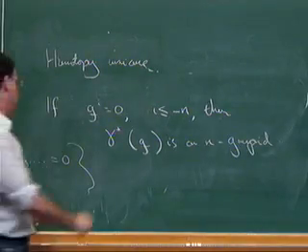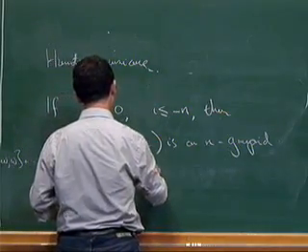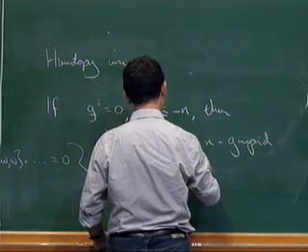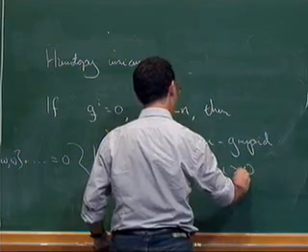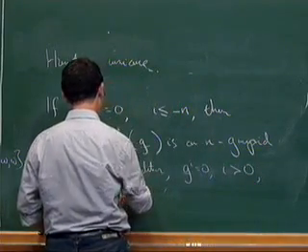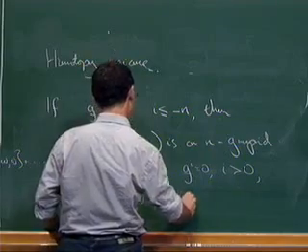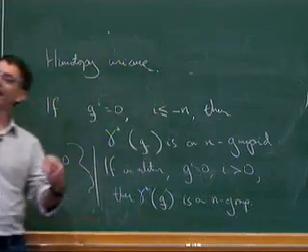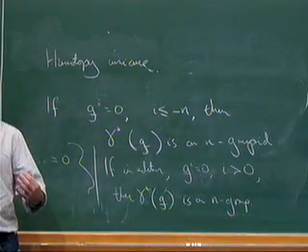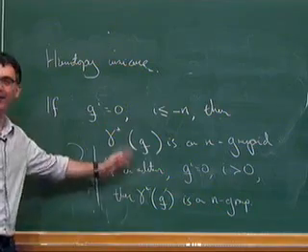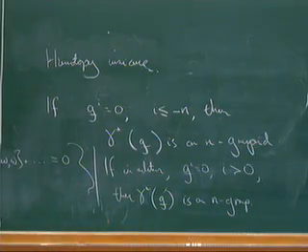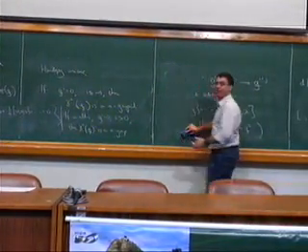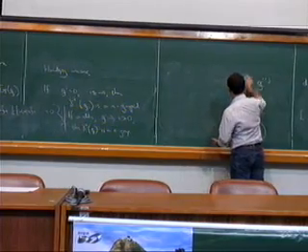If in addition, g_i equals 0 for i greater than 0, then it's an n-group. An n-group is an n-groupoid with a single vertex. Okay? And this is obvious once you follow through the definition. So if I throw this construction, now we finally get back to the previous talk.